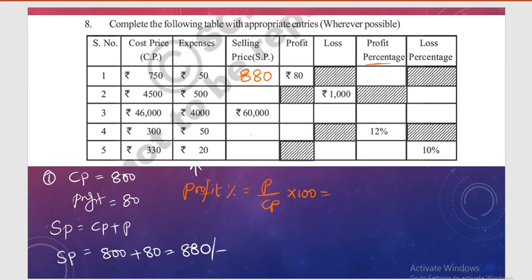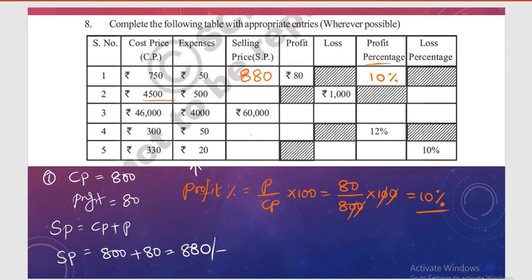Profit is 80 rupees, CP is 800, into 100. So the zeros get cancelled. Now 80 by 8 is nothing but 10%. So for the first question, the selling price is 880 rupees and profit percentage is 10%.